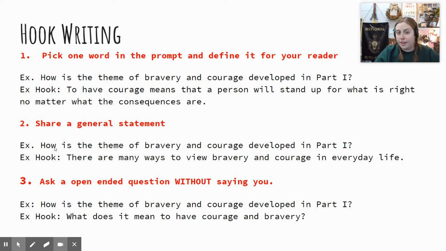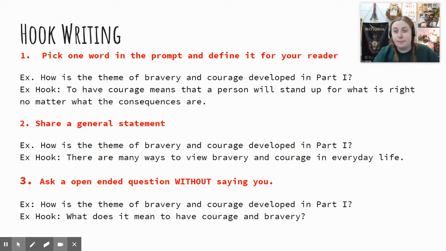An example hook of a general statement about that topic would be: there are many ways to view bravery and courage in everyday life. And again, it's a very broad statement that's teaching whoever's reading your paper what the question is that you are answering.